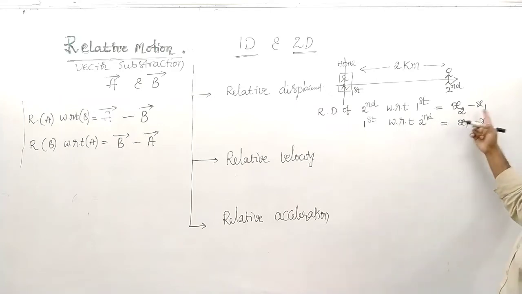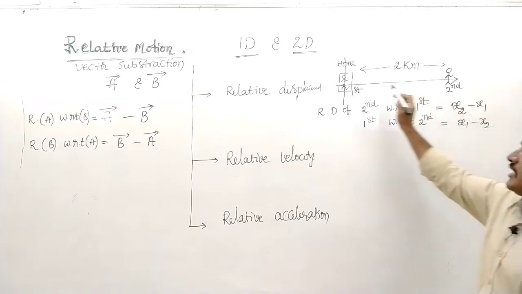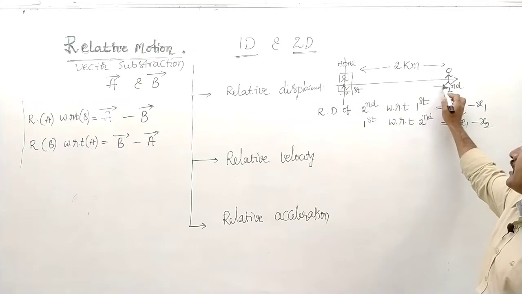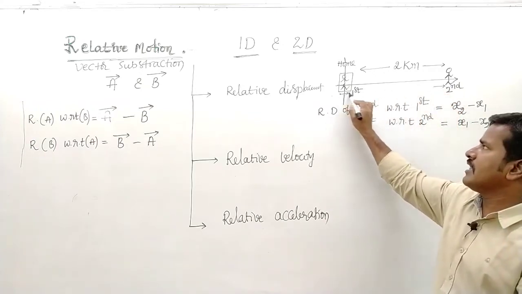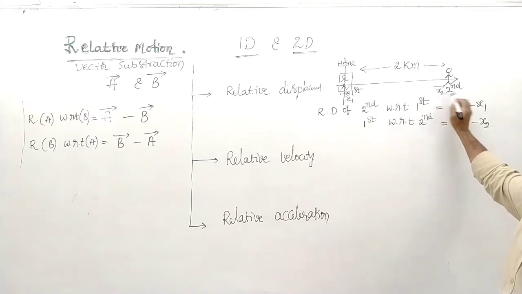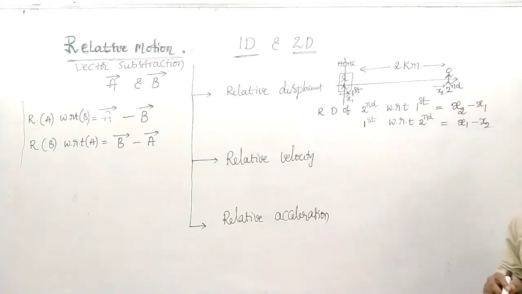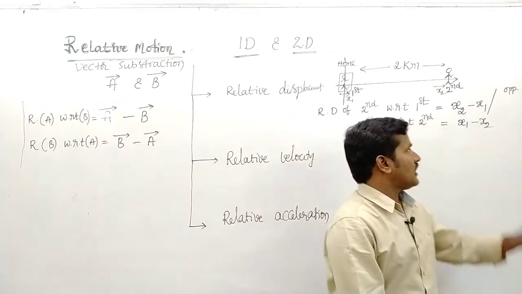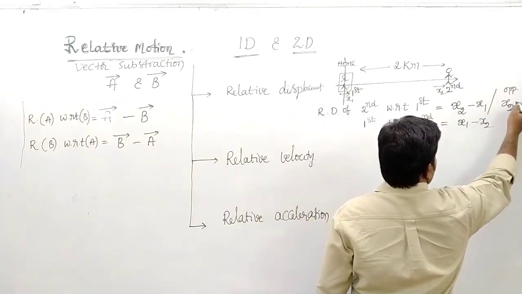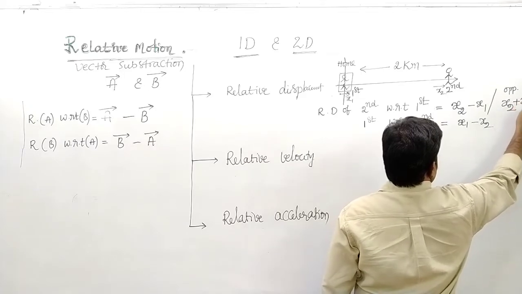If x1 and x2 are in the same direction, the answer is x2 minus x1. If they are in opposite directions, the answer becomes x2 minus of minus x2, that is x2 plus x1.